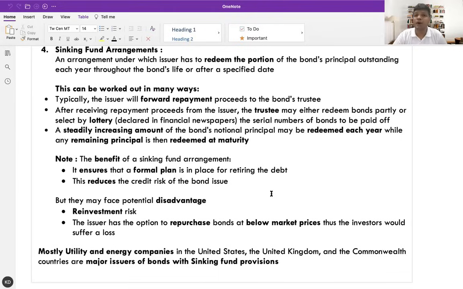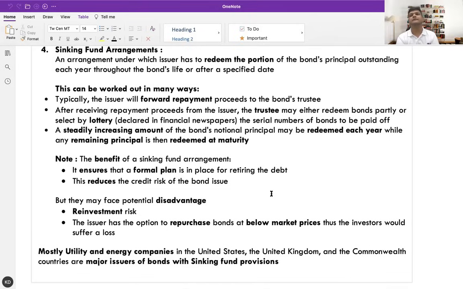Now, which bondholders will be paid out of the 100? There can be rules set up for that. Mostly it's a lottery system. So let's say you invested in this bond for 10 years, and in the first year there is a lottery for $5 billion and you receive that lottery. What does it mean?